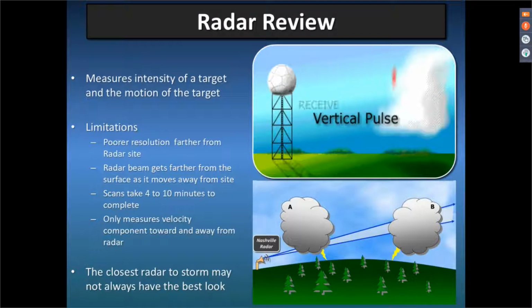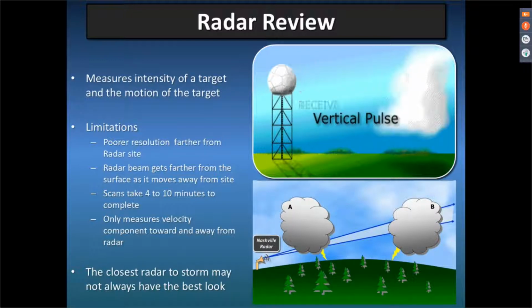All right, so the National Weather Service has a network of radars all across the country, and these radars transmit a horizontal and a vertical pulse of energy that goes out from the radar dome into the atmosphere. And when it hits something like a thunderstorm or rain or snow, that energy bounces off that particle and goes back to the radar site.